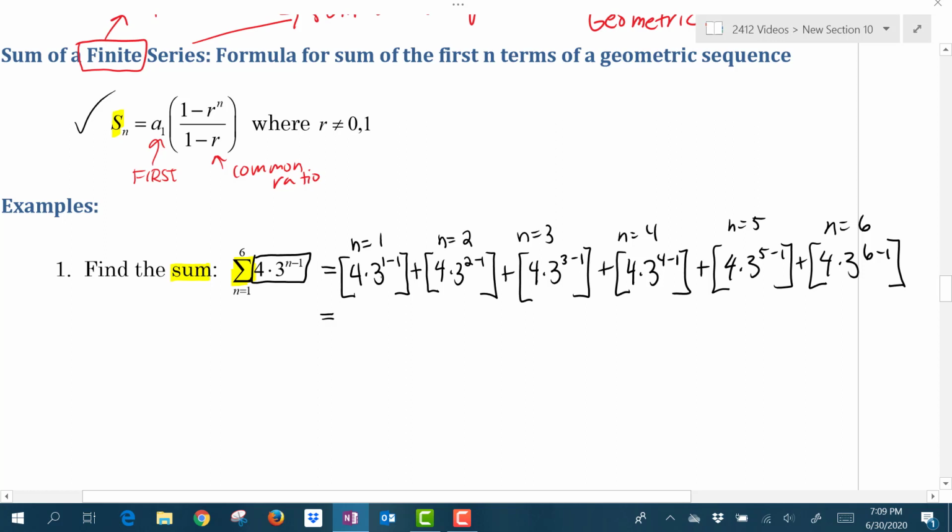Let's do a little bit of simplifying of those exponents. So 1 minus 1 will give me 0. 3 to the power of 0 is 1, so that's 4 times 1, so that's 4.